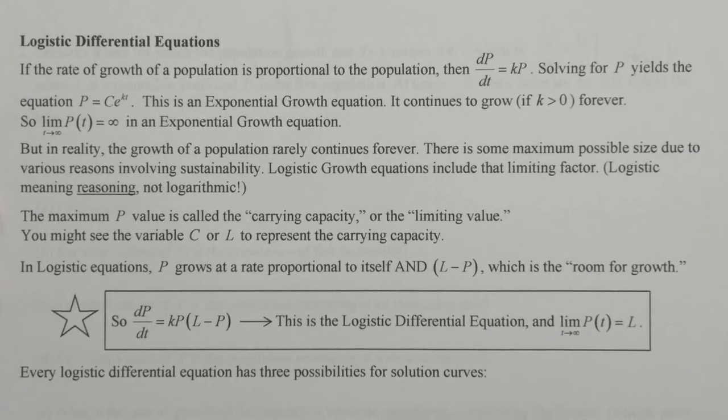The last time I was with you, we talked about differential equations that model growth or decay in a population or in a situation, and we learned how to solve those.